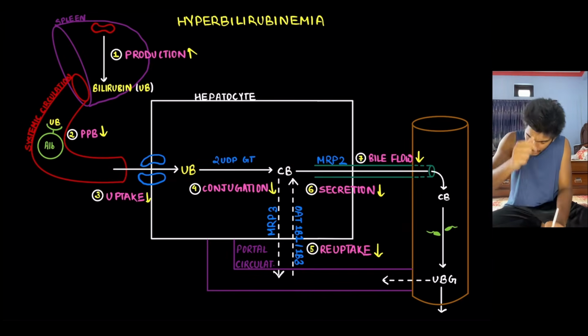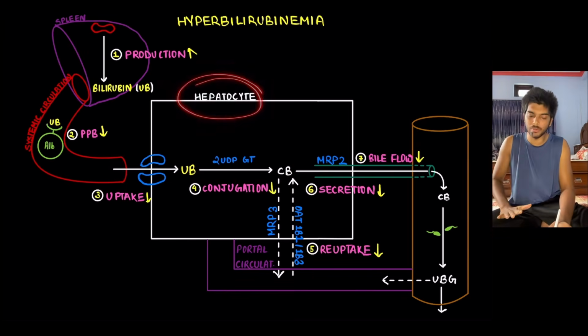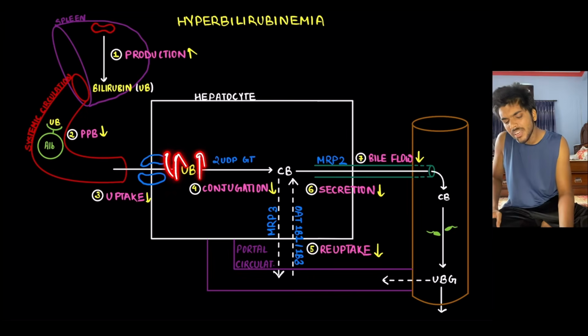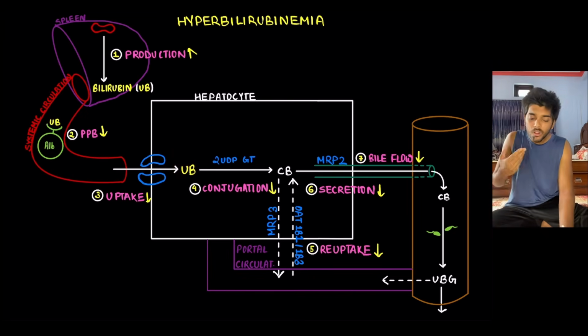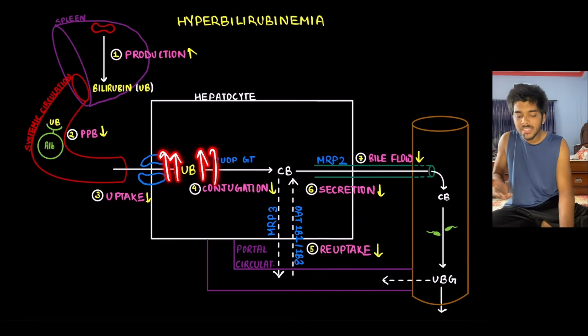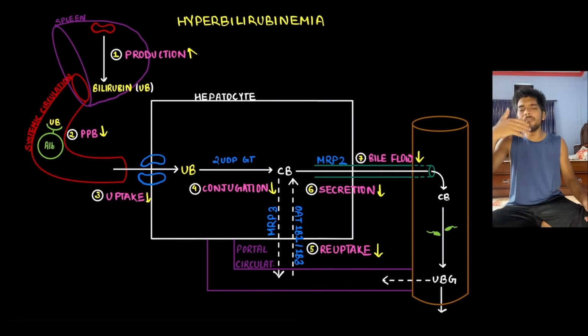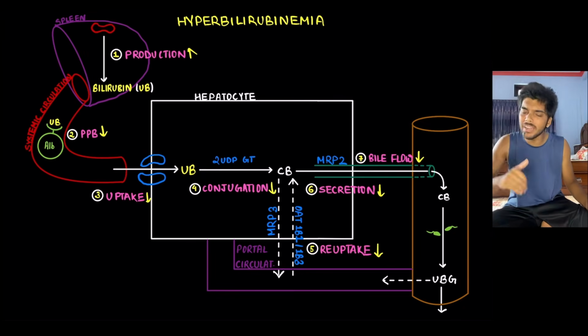Again, there is inflammation of the hepatocyte. Due to inflammation, there is loss of function of the cell. Due to loss of function, conjugation does not take place. Since conjugation does not take place, there is accumulation of unconjugated bilirubin in the cell. This accumulated unconjugated bilirubin gets pushed back into the circulation, leading to an increment in the level of unconjugated bilirubin in the blood, and unconjugated hyperbilirubinemia. Done.